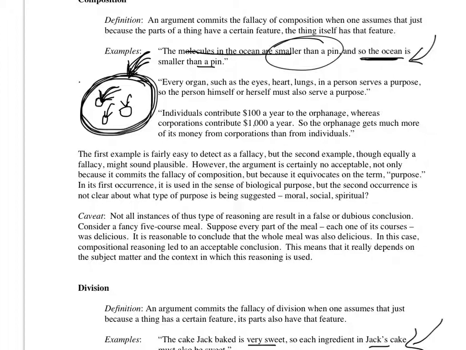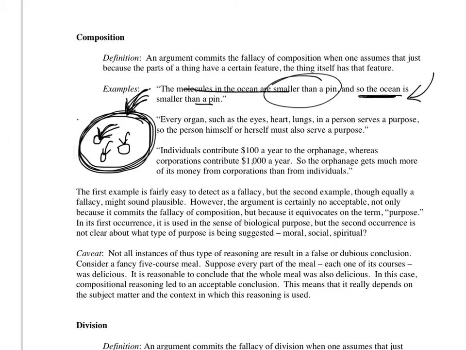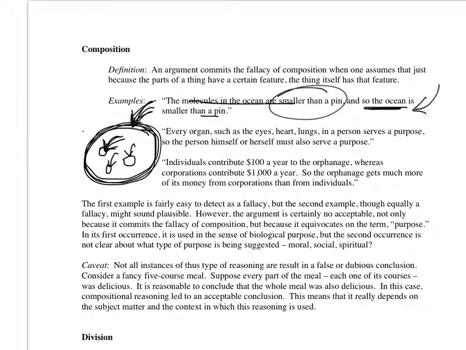On the other hand, the fallacy of composition is making a mistake in the opposite direction. It starts off with a claim about one of the parts, and then it makes an erroneous inference that the whole also has that feature.